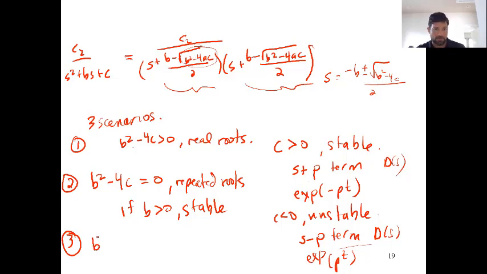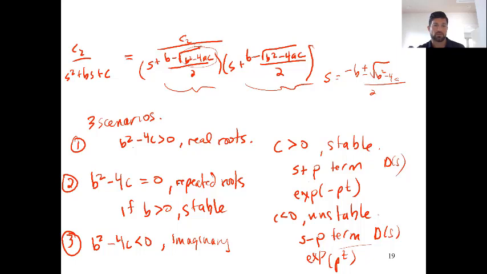Okay, and then finally, the last condition is if b squared minus 4c is less than 0, then we're going to have imaginary roots. If we have imaginary roots for this term, what that's going to mean is that there's going to be oscillations.